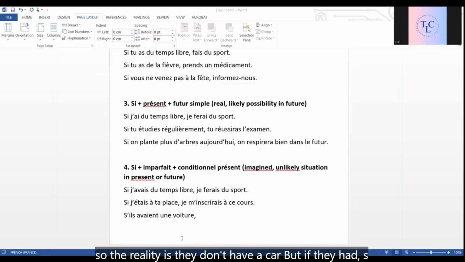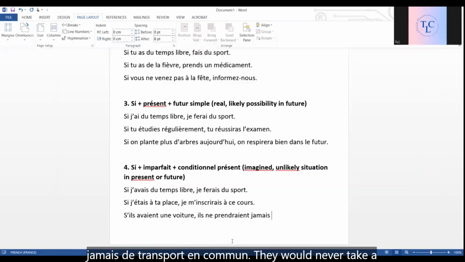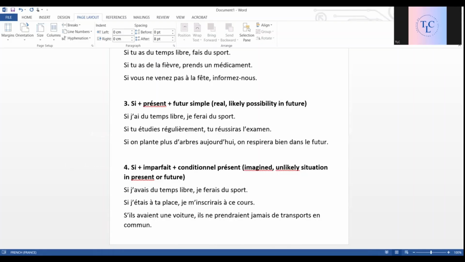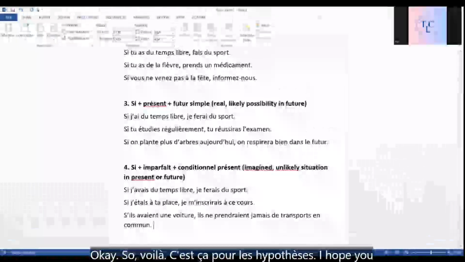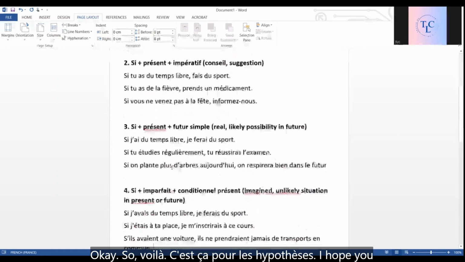But if they had, they would never take public transport. That's what the hypothesis is. So voilà, c'est ça pour les hypothèses. I hope you understood.